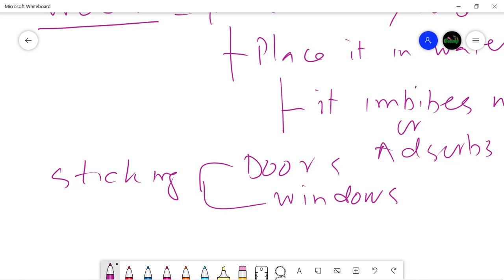This is because dry wood is a very good adsorbent, and it adsorbs moisture which is present in the atmosphere, and due to this adsorption, the wood swells up to some extent, which fills the gap between the two panes of the window, and we have trouble opening or closing them. So this is an observation of the adsorption phenomenon in our daily life.